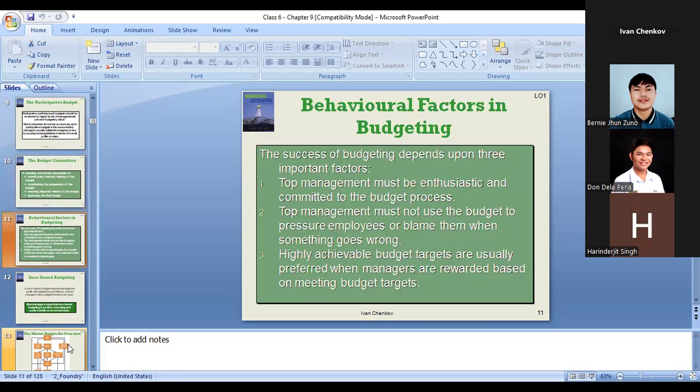Which are the factors that can guarantee you the success of the budget process? First thing is the top managers have to be enthusiastic and committed to the whole process. As you already know, we as humans kind of follow the examples that come from the top managers.